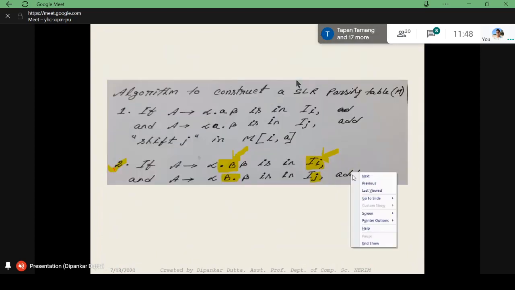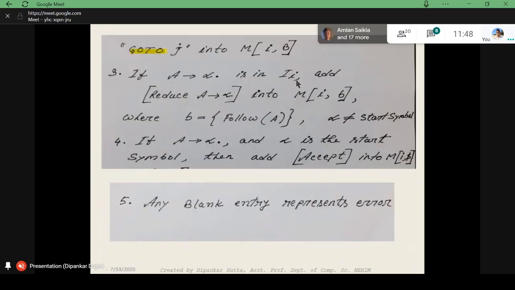So then, I think the algorithm for constructing an SLR parsing table is clear. The first rule is for shift: the point noted is dot followed by terminal, and the output will be shift. Point number 2, dot followed by non-terminal, and then the output will be goto.